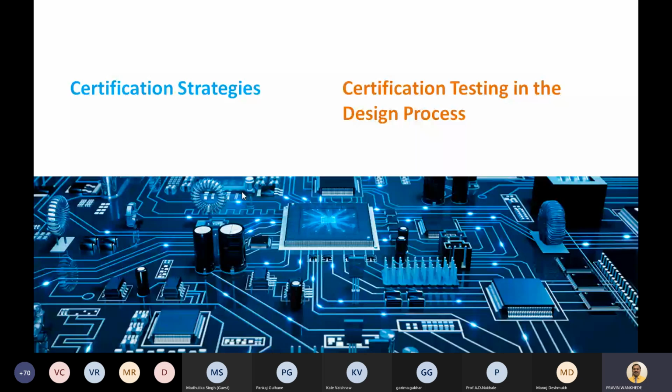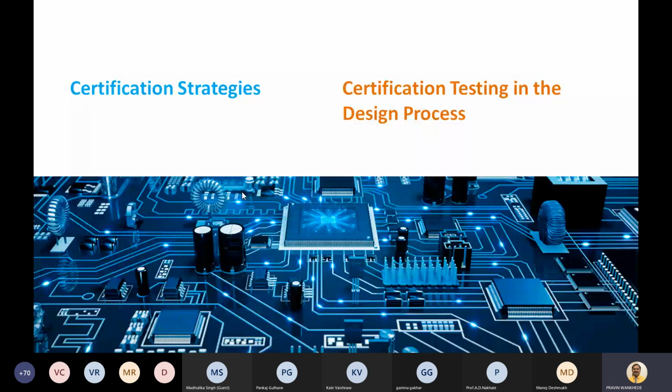As we know, the component choice is at the design process itself. So if you are selecting the component at the start of your design process, it means that the certification strategy should start at the design process itself.